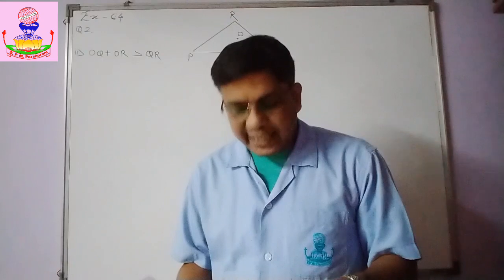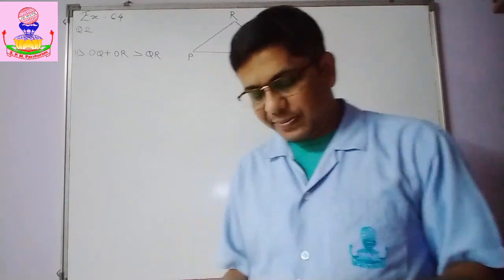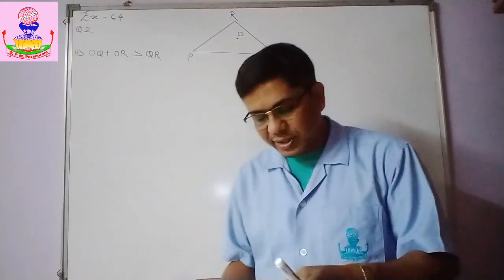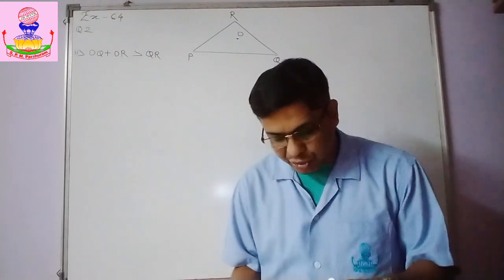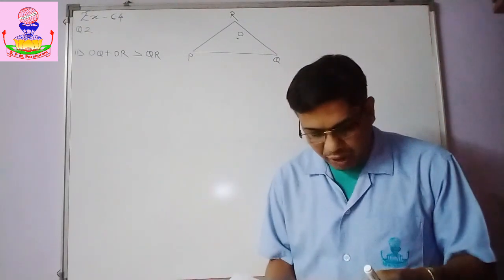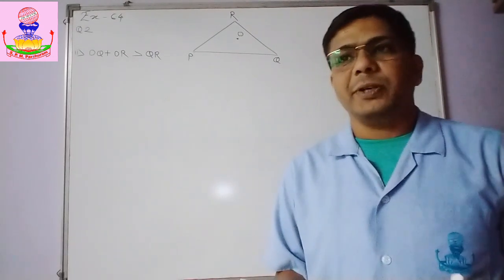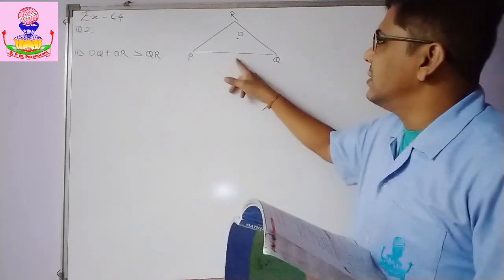Now see the second, take any point O in the interior of a triangle PQR. The first one is OP plus OQ greater than PQ, the second one is OQ plus OR is greater than QR and the third one is OR plus OP greater than RP. So from that I am solving the second one. Okay, and I have drawn the figure here.